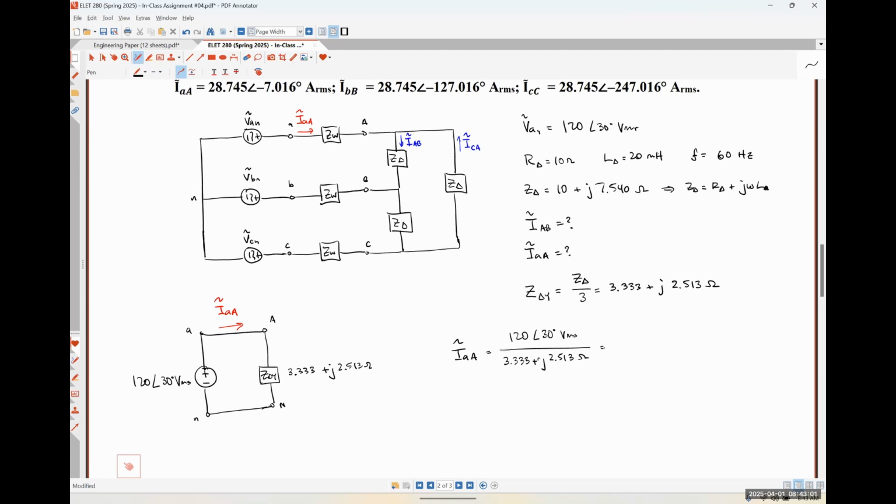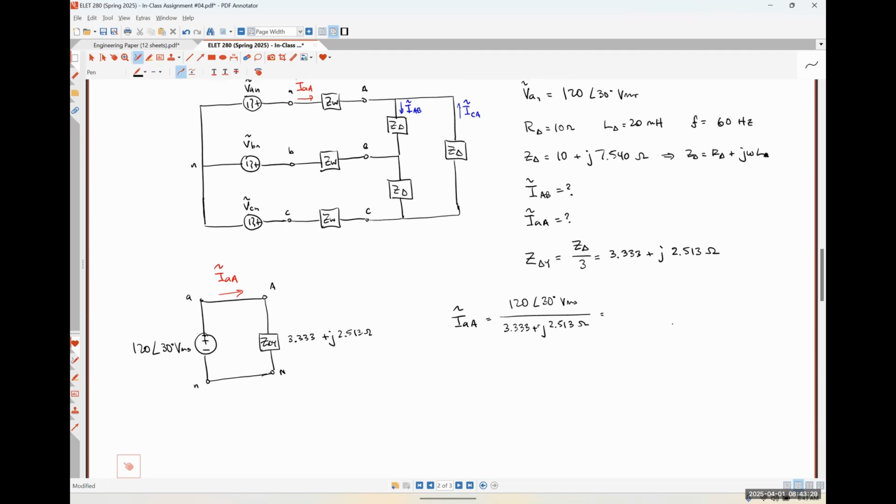So throwing this in my calculator, so I could type the numbers in the right order, I got 28.746 angle negative 7.013 degrees.